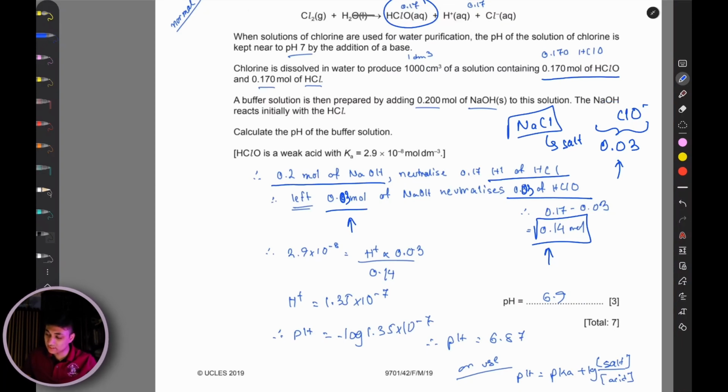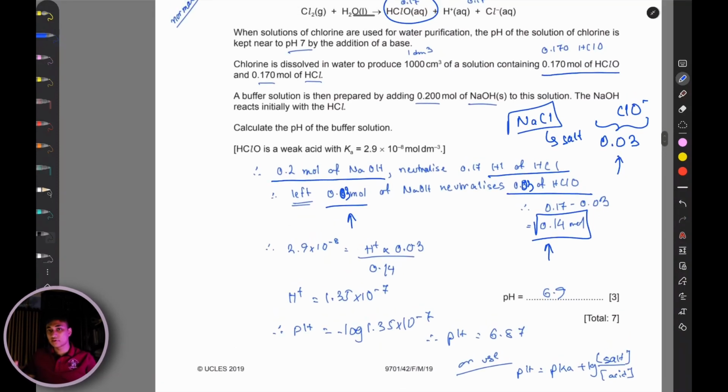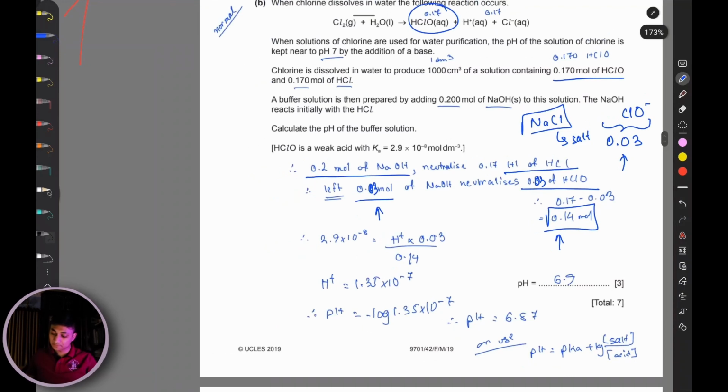But since it is going to ionize, it's going to exist as chlorate ions, that is ClO minus ions, which acts as a base. So I can now write an equilibrium equation between my salt, acid, and your H plus ions, right?